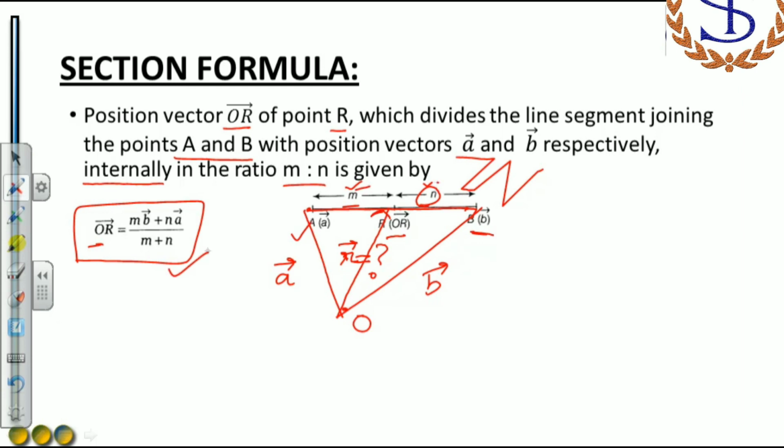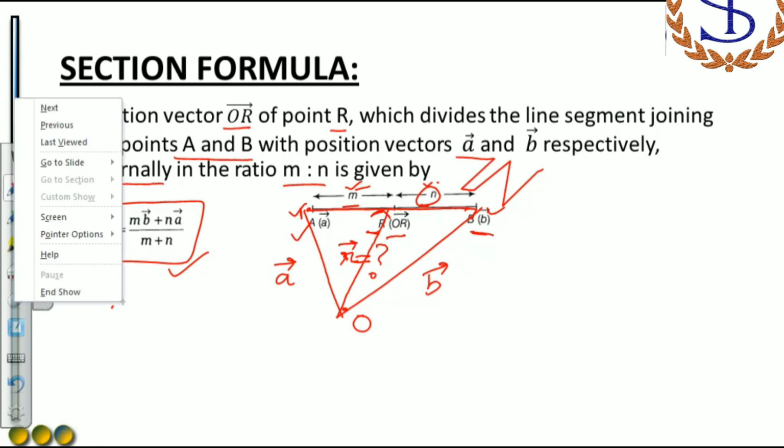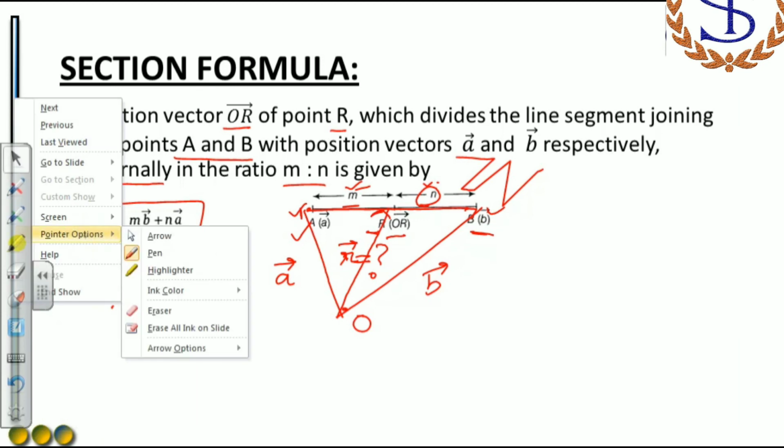This is the section formula we can use to find a vector which divides the line joining the two given points internally.